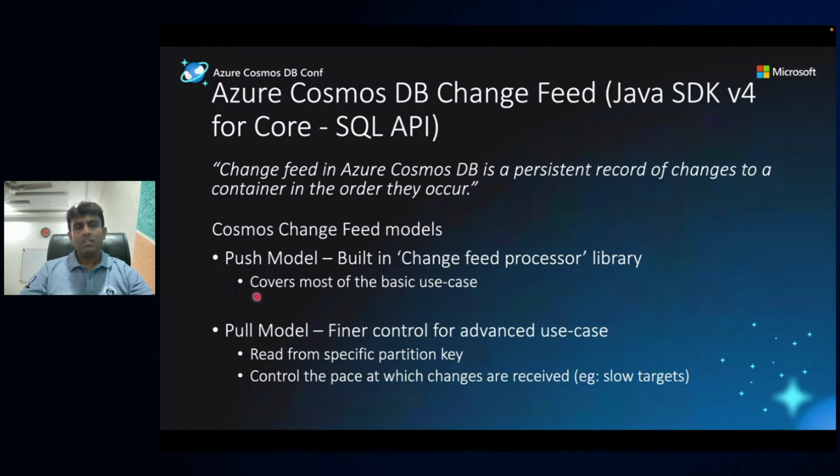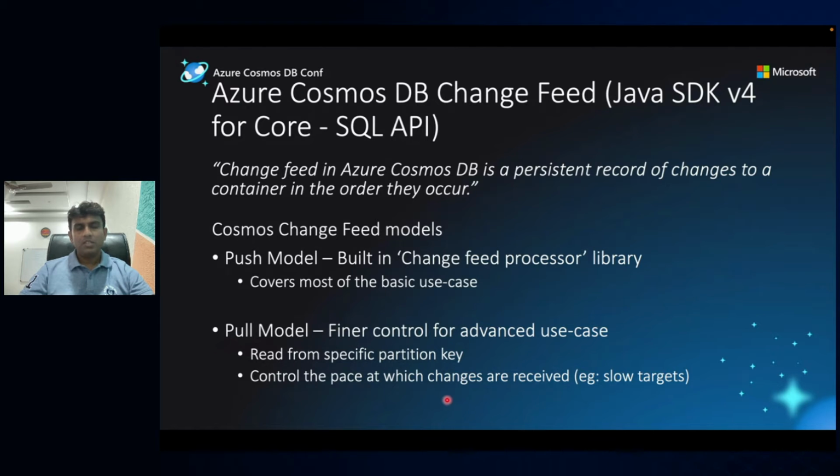This is convenient for most basic use cases, but if you want much finer control for advanced use cases, say, if you want to control the pace at which you are receiving the changes from the container, or if you want to read changes from a specific partition key or a specific logical partition, then the pull model is the way to go.